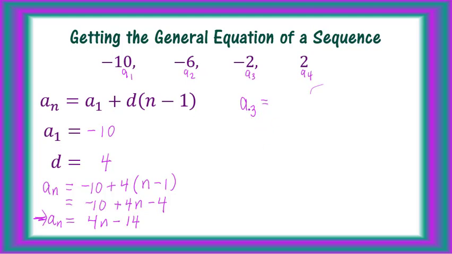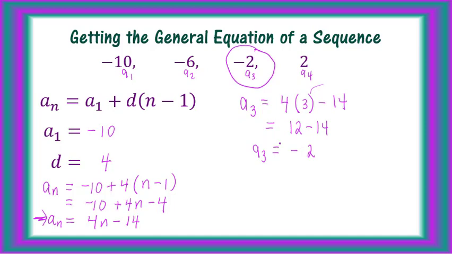So our position is 3. So I have a sub 3 equals 4 times n, which is 3, minus 14. 4 times 3, 12, minus 14. A sub 3 equals -2, which holds true.